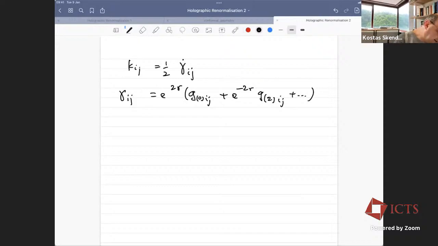So we're interested in understanding the behavior of K, and K is the trace of the extrinsic curvature. So we need to understand how Kij behaves. So Kij is a half gamma dot, just to have the same notation as my notes.